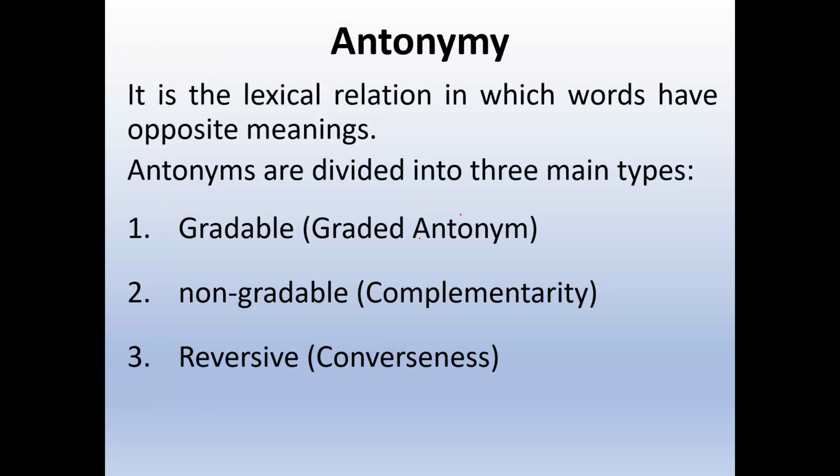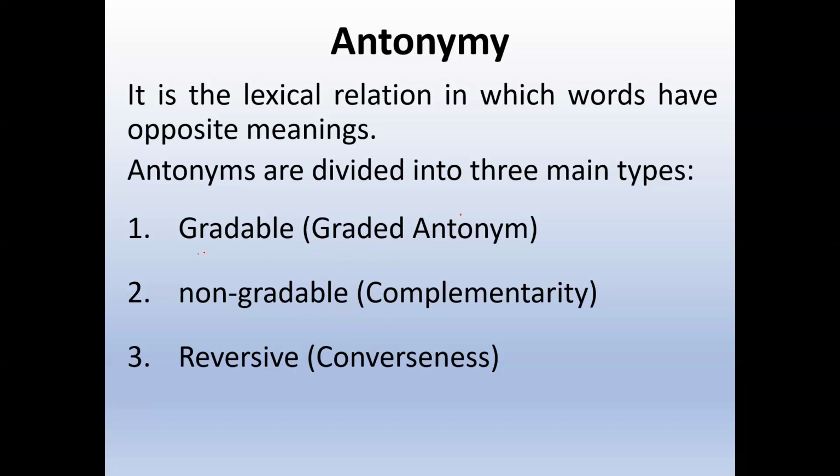But when you think about the nature of these opposite meanings, based on that, we can again divide antonyms into three categories: gradable antonyms, non-gradable antonyms, and reversives. You have some similar terms for them, like graded antonym for gradable antonyms, complementary for non-gradable antonyms, converseness for reversives.